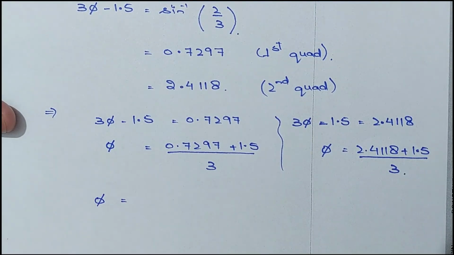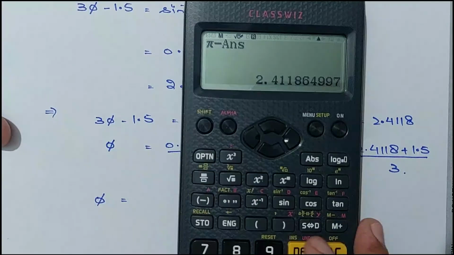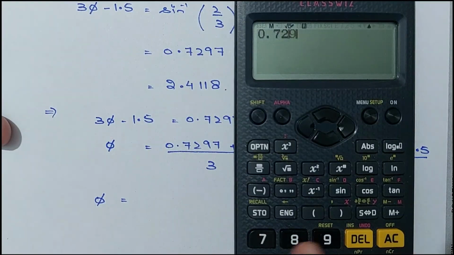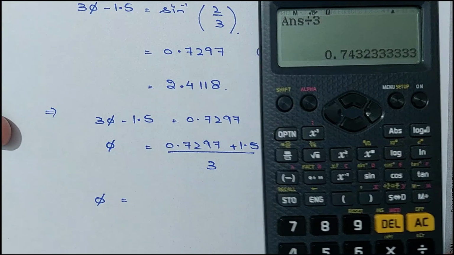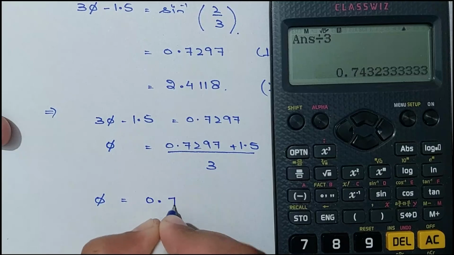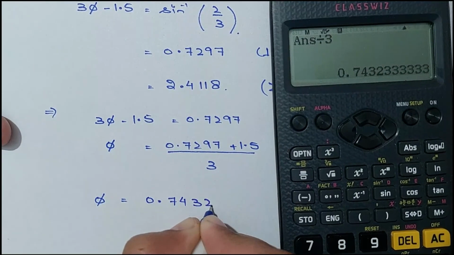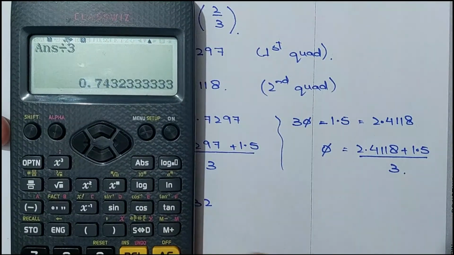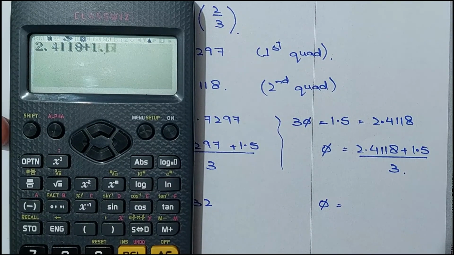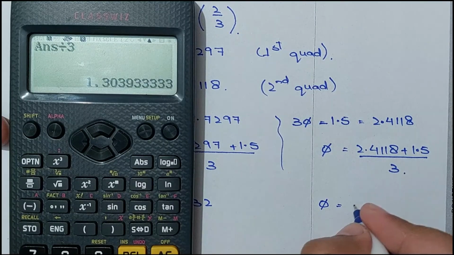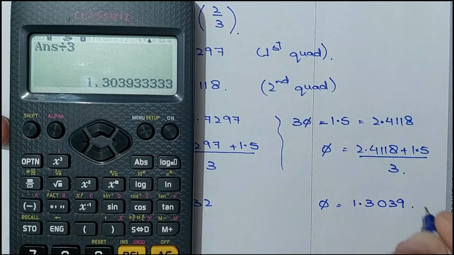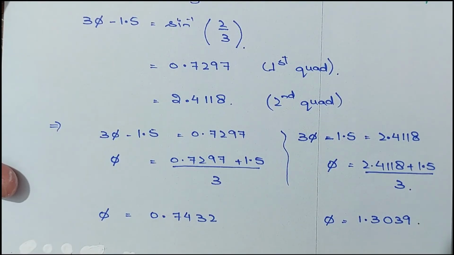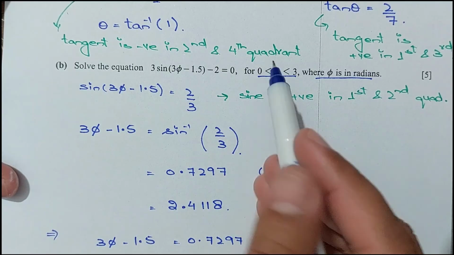So what are the values of phi? We have 0.7297 plus 1.5 divided by 3. This is 0.7432. Okay, the next value of phi is 2.4118 plus 1.5 divided by 3, which is 1.3039.